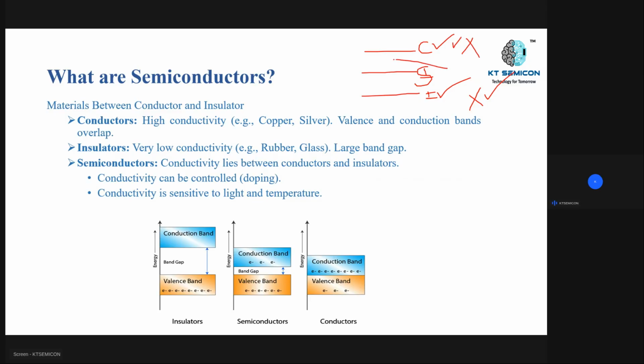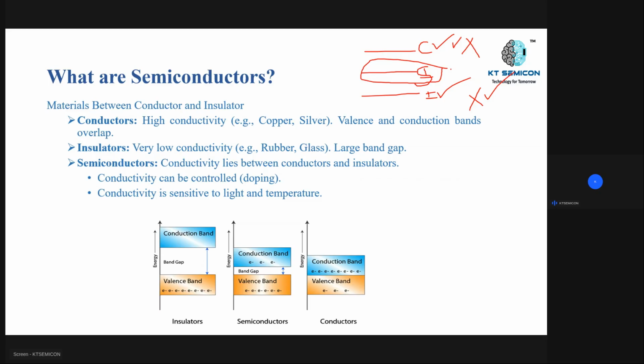So that's why we need to minimize both the conductance and the allowance of carriers, which means semiconductors have some limit. When we apply temperature, only then does it start working. Whenever we increase the temperature, only then will it allow electrons and conduct.